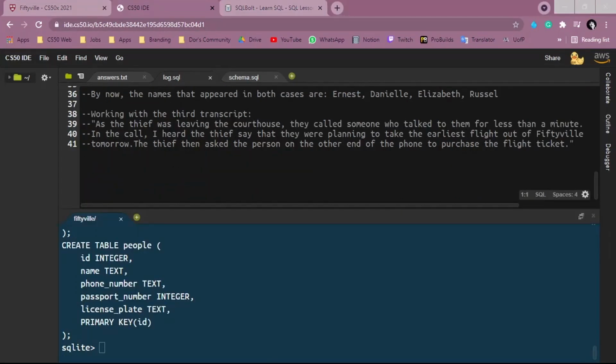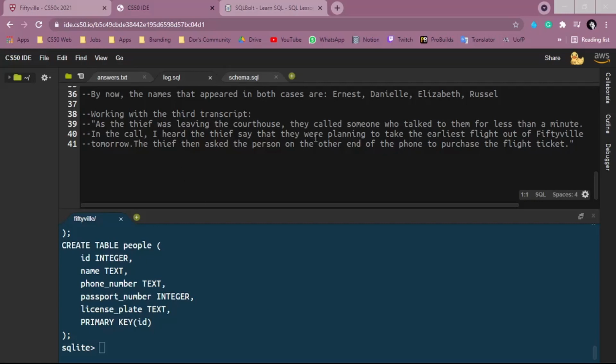So now we're going to work with the third transcript. As the thief was leaving the courthouse, they called someone who talked to them for less than a minute. In the call, I heard the thief say that they were planning to take the earliest flight out of Fiftyville tomorrow. The thief then asked the person on the other end of the phone to purchase the flight ticket. So here we have two pieces of information to work with.